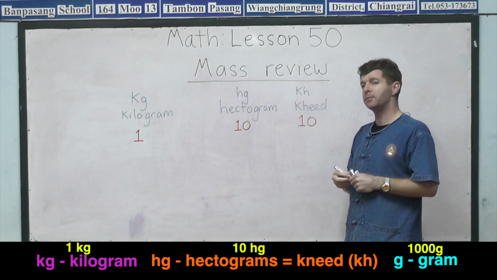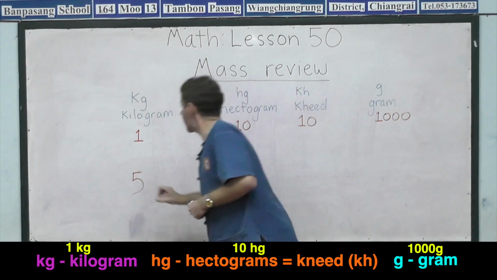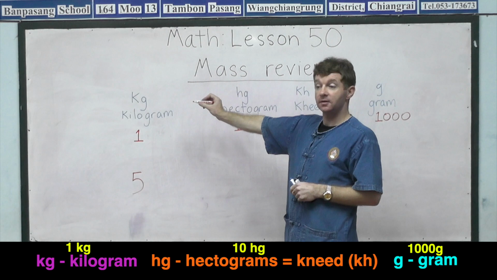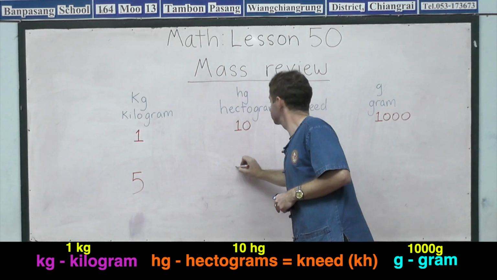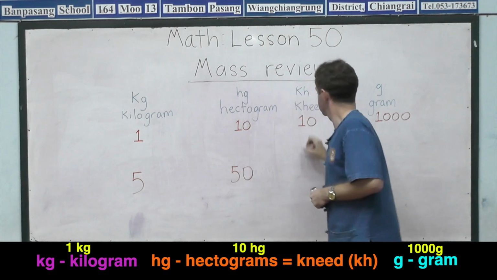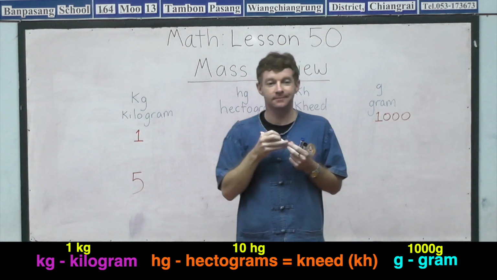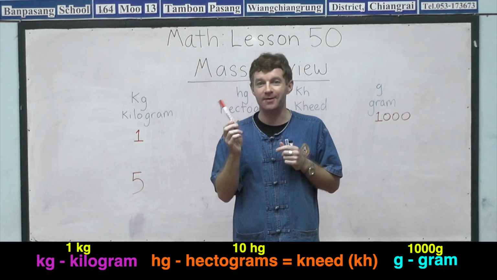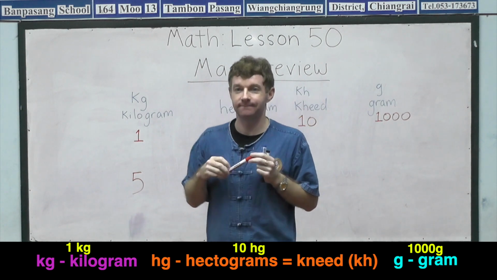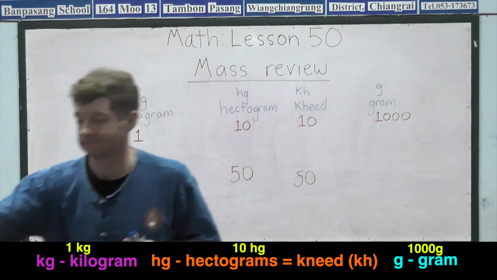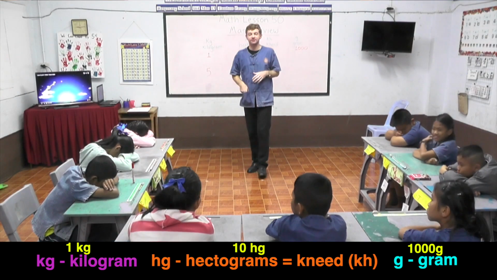So let's see, I'll begin with 5 kilograms, 50 hectograms, 50 kid, but 5,000 grams. Let's see, close your eyes. I want somebody to write it first. Okay, we can open our eyes now.